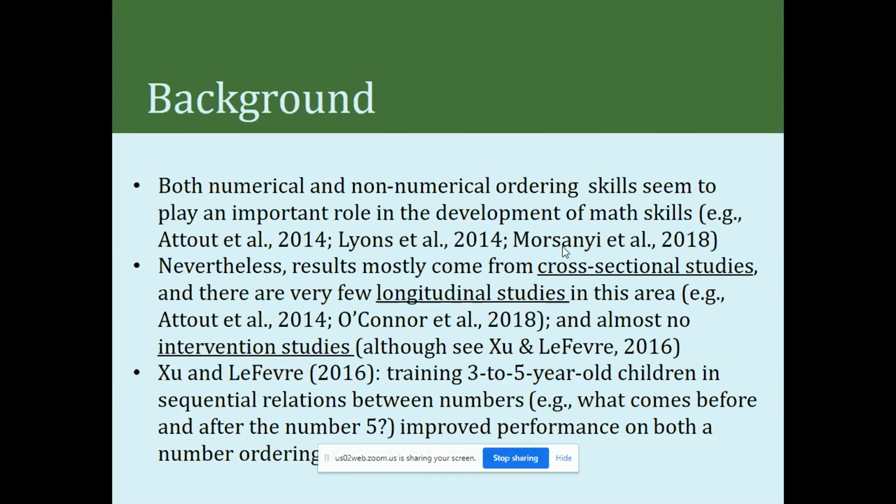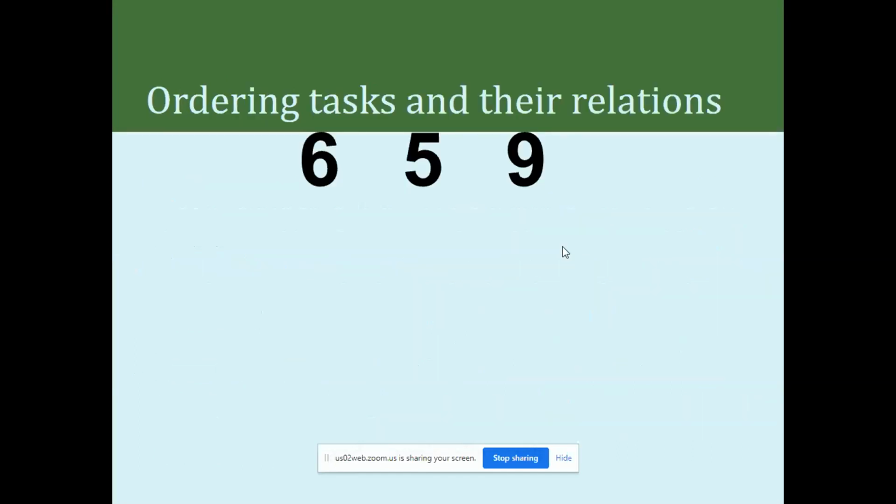They had a single training session, and after this training, children improved not just in a number ordering task, but also on a number line task. So there was some indication that this training effect transferred across different types of mathematics performance.